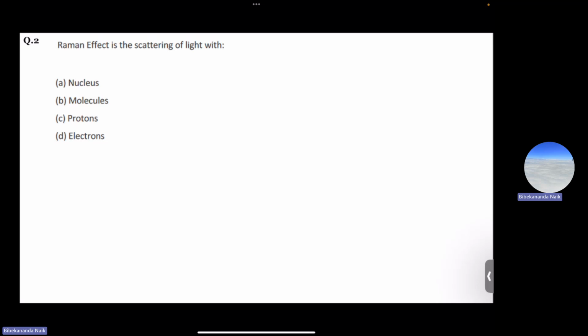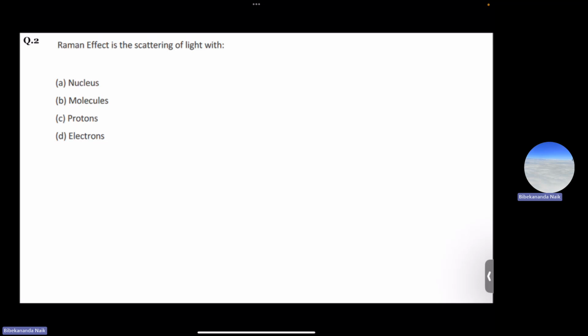Before discussing the correct answer to this question, let's briefly discuss the experimental setup of Raman spectra. There is a source of light which will be incident on the substance.